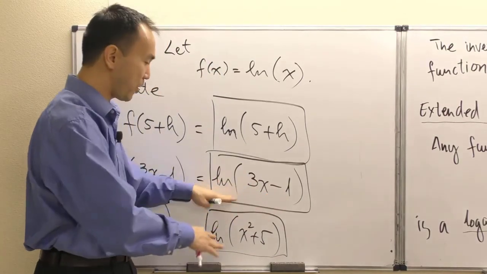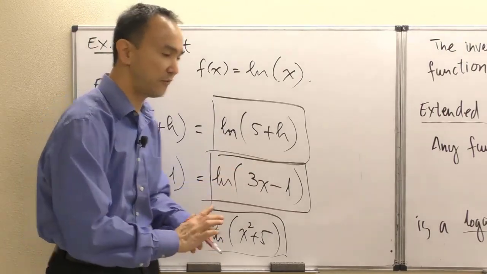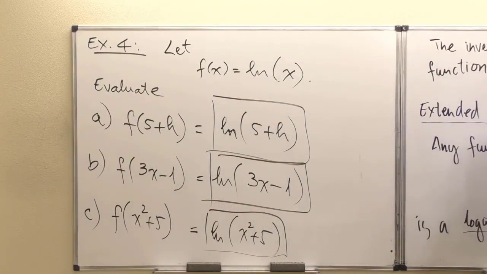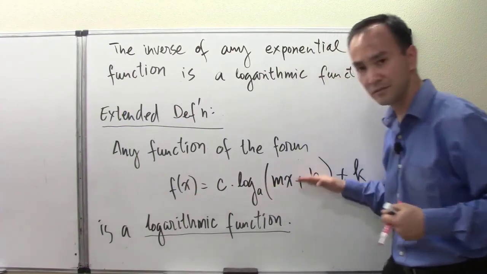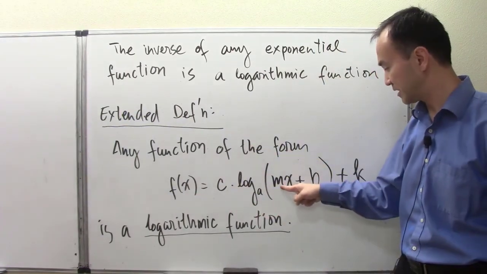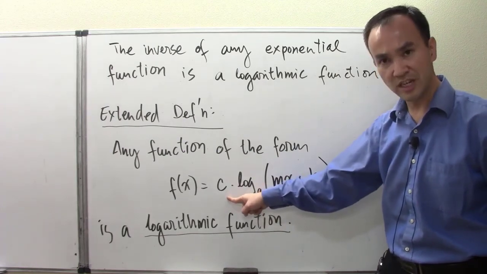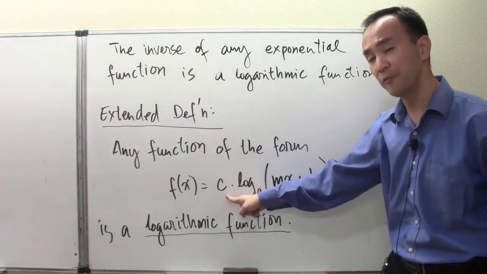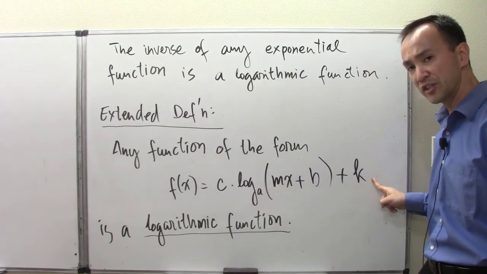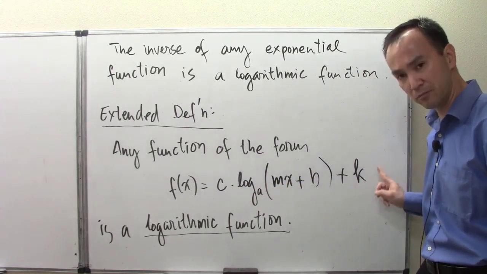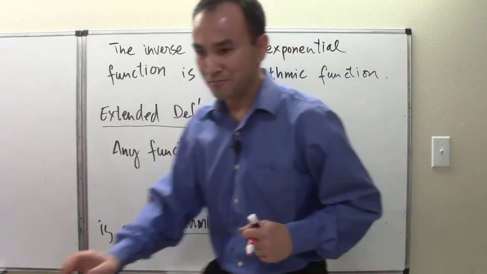So I'm trying to point out how this agrees with the form written here as a general form: a linear expression inside of a logarithm. And we don't see a coefficient in that problem, which means coefficient 1. And we don't see a constant term here, which means it's plus 0.